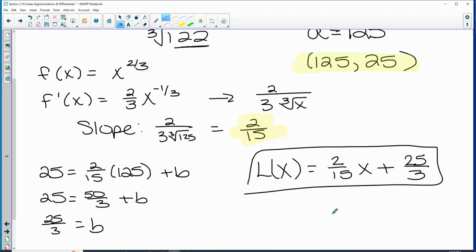So which one did I actually ask you to approximate? 122. We didn't put in the actual value, and we could have made a more complex equation that did that. We just didn't.